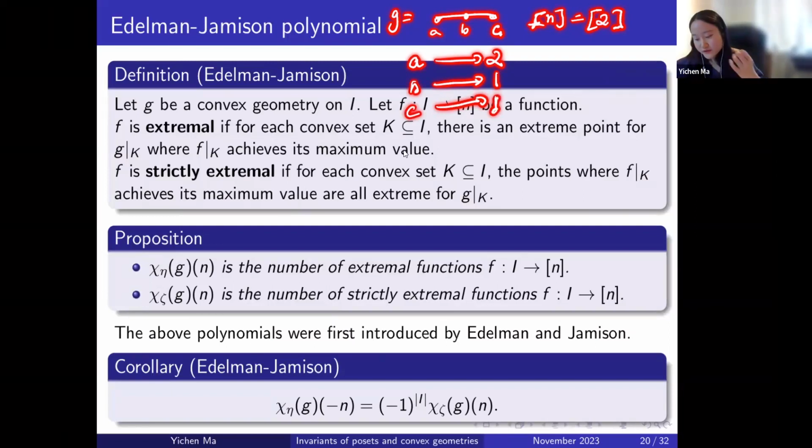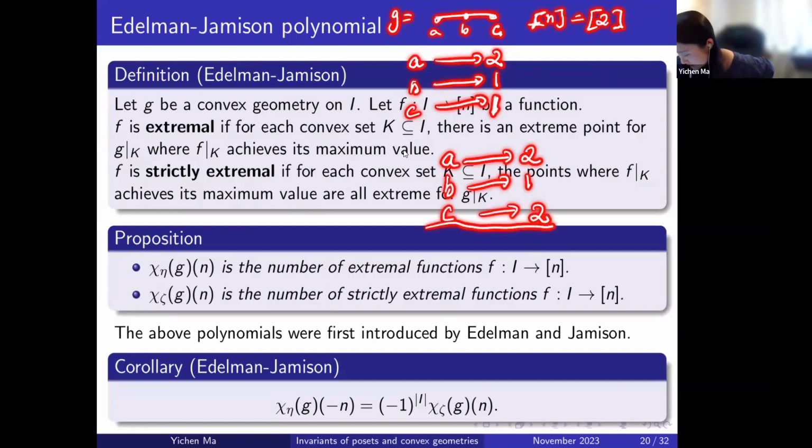But this is not strictly extremal because... this is an extremal function. Let's see another function. This should be a strictly extremal function.